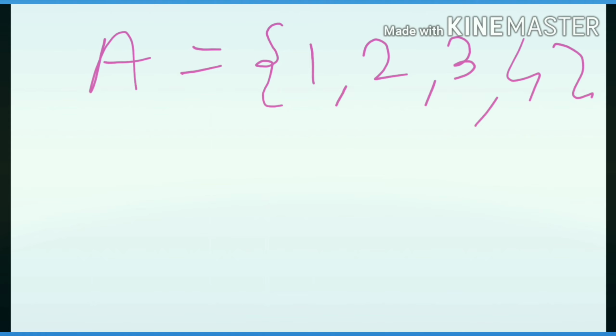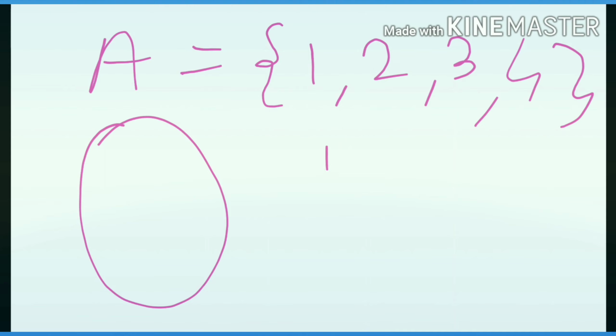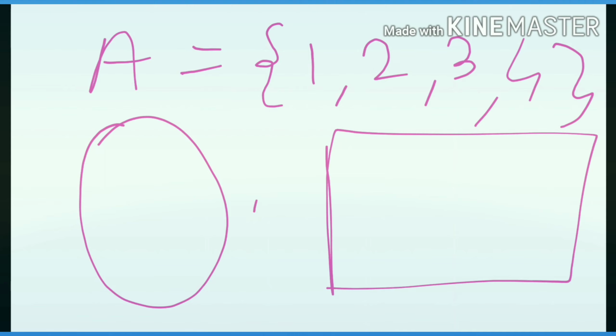Let's see here, if the set A is like this, 1, 2, 3, 4, etc. So by using Venn diagram, how will I represent? I need to take any geometrical closed figure. Like here I am taking this rectangle. Okay, so I can represent this set as this.